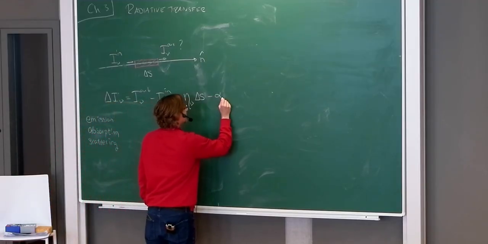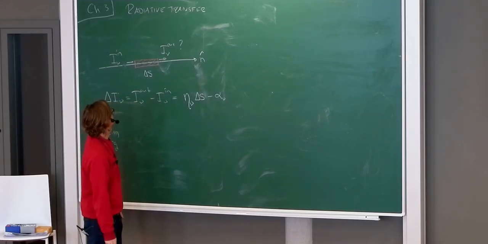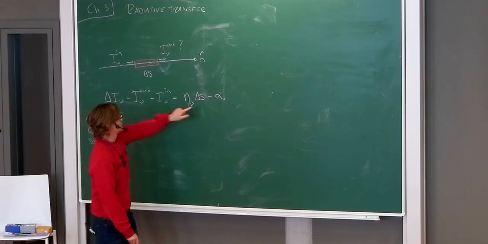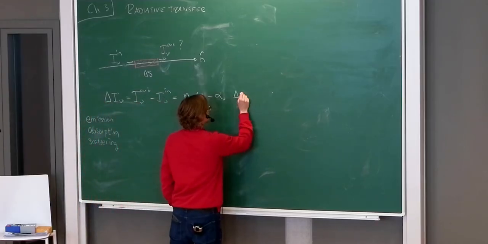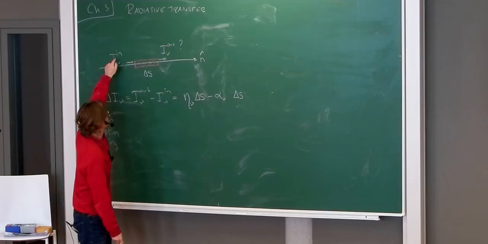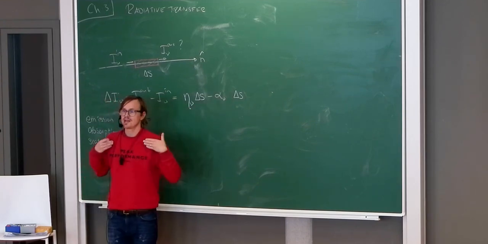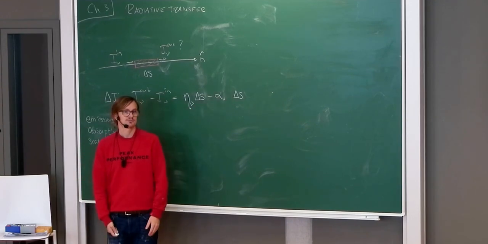We're going to call it alpha nu. Now, that alpha nu then will also be proportional to the length segment, intuitively, but it's actually also proportional to the intensity that is coming in at that point, which hopefully is also intuitive, because if you don't have any intensity coming in, of course, you can't absorb anything.